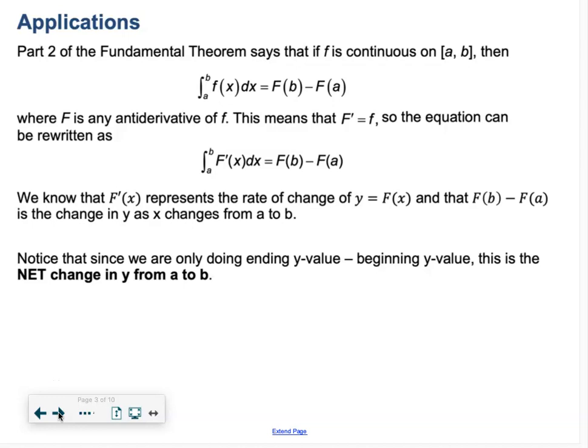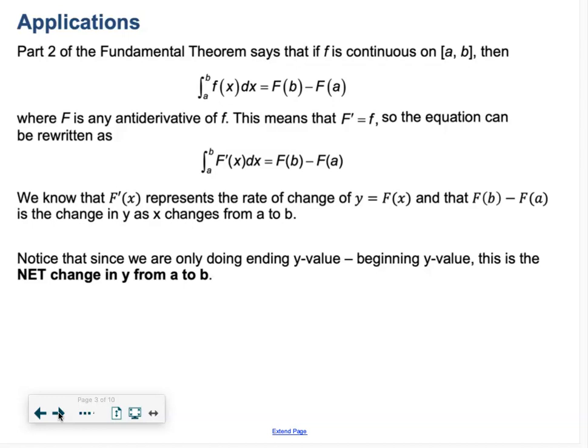Now, why is this important? Because what it tells you is if your integrand, the argument of your integral, represents a rate of change, right? A derivative is a rate of change. If that represents a rate of change, then when you compute the definite integral, what you end up with is a net change in the amount of whatever you're talking about.